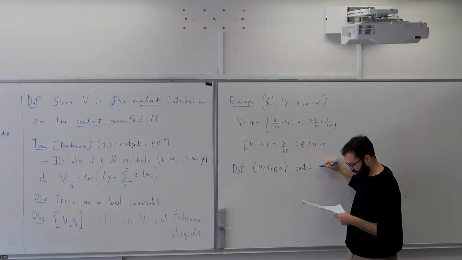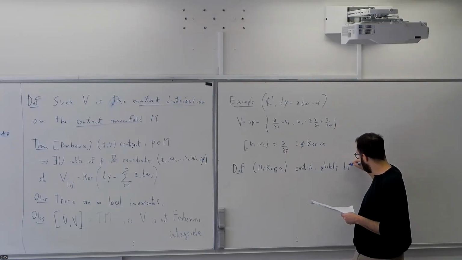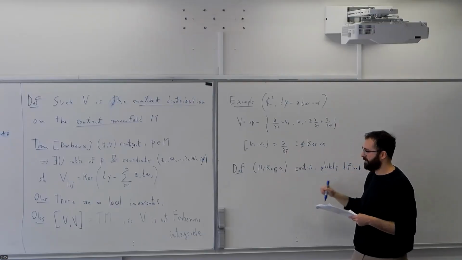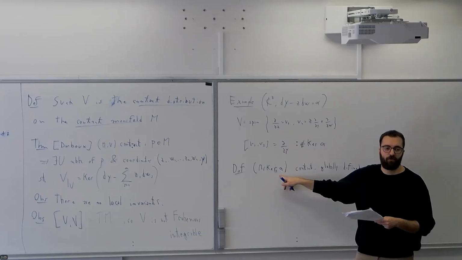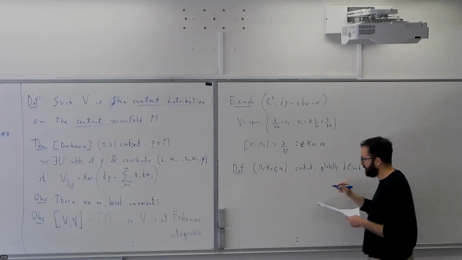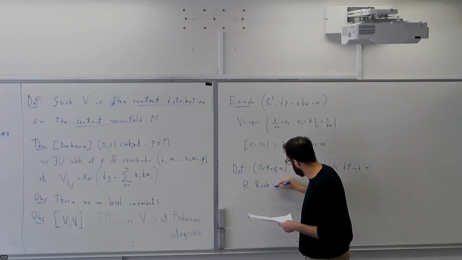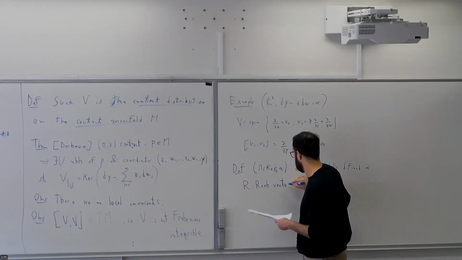Contact, globally defined. So by globally defined, I mean, once more, that V is the kernel of alpha for a globally defined one form alpha. We say that R is the Reeb vector field for the distribution associated to this form.